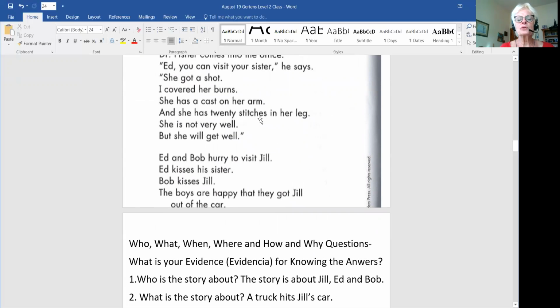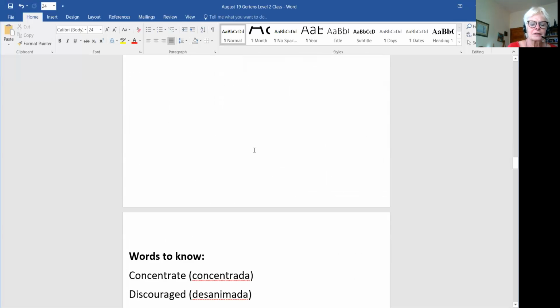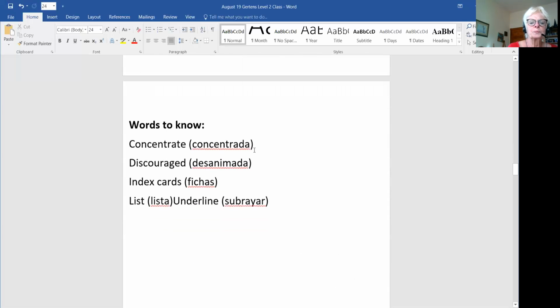So the answer is 20 stitches, and our evidence is right here in this sentence. So when we ask questions and answer questions about a story, we ask about the evidence.